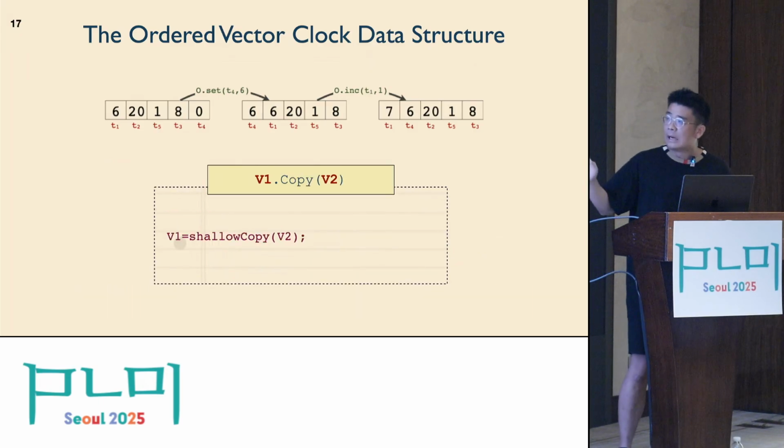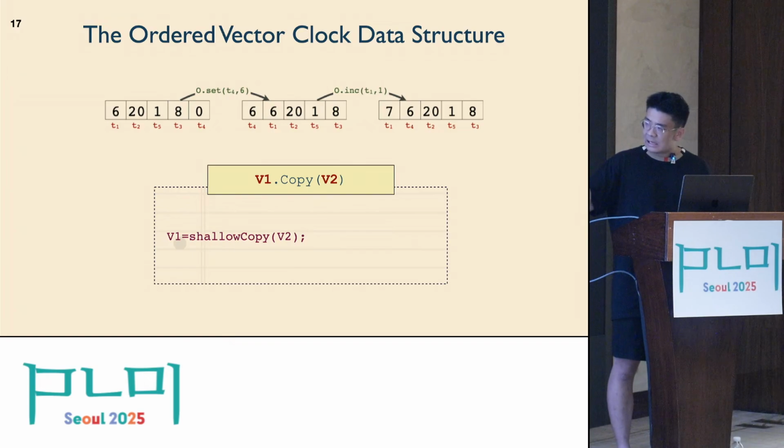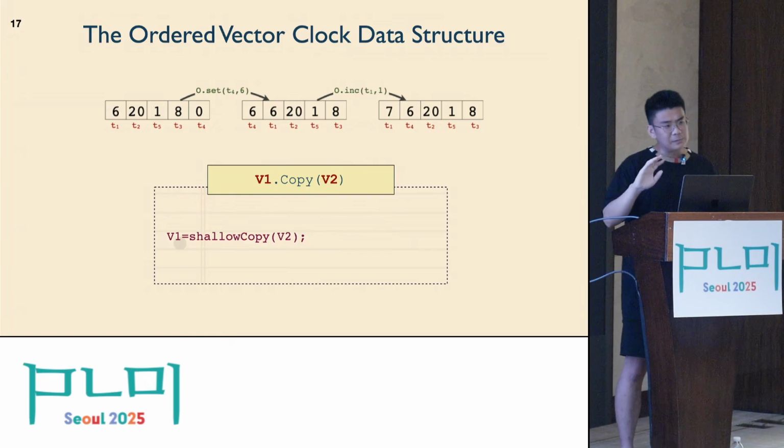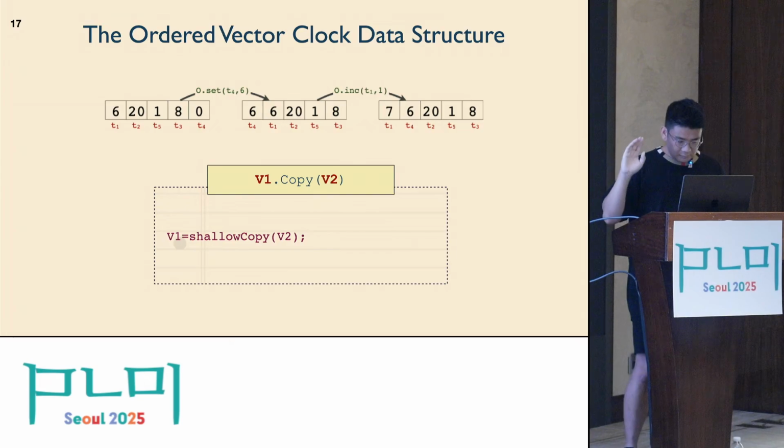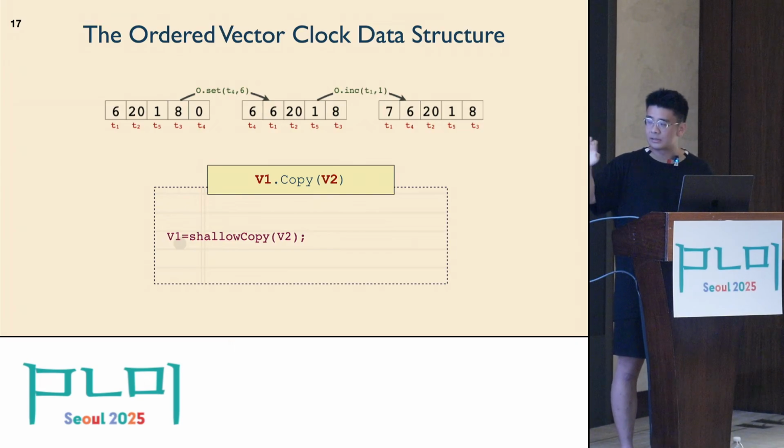Okay, and finally, the last piece of the improvement in the running time is to apply this shallow copy idea, which is quite common in the context of sampling. The rough idea is that we can shift the cost of delivering the message into the case when you have to update your local information.